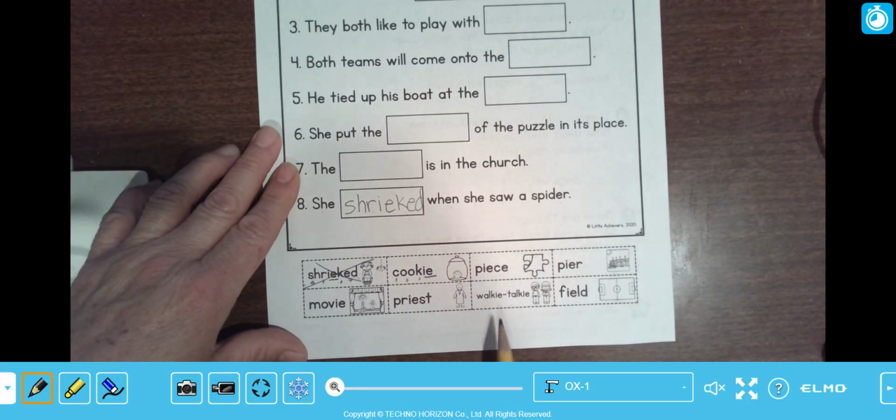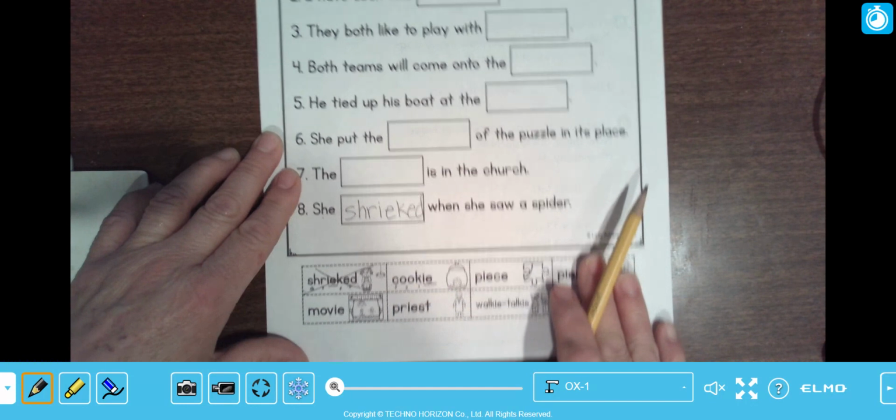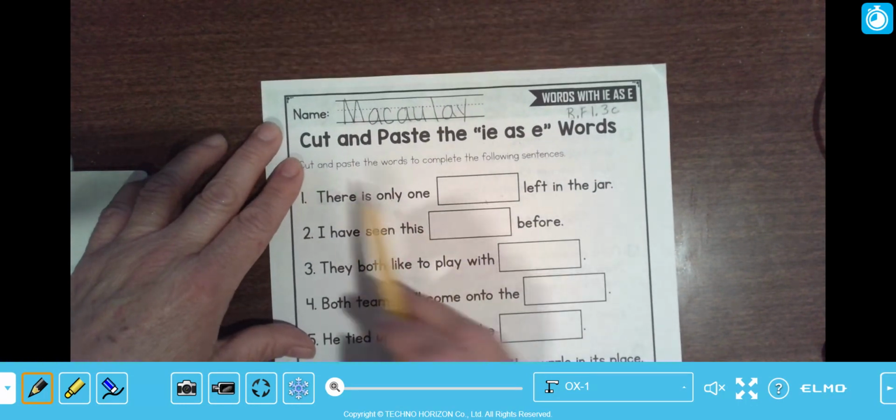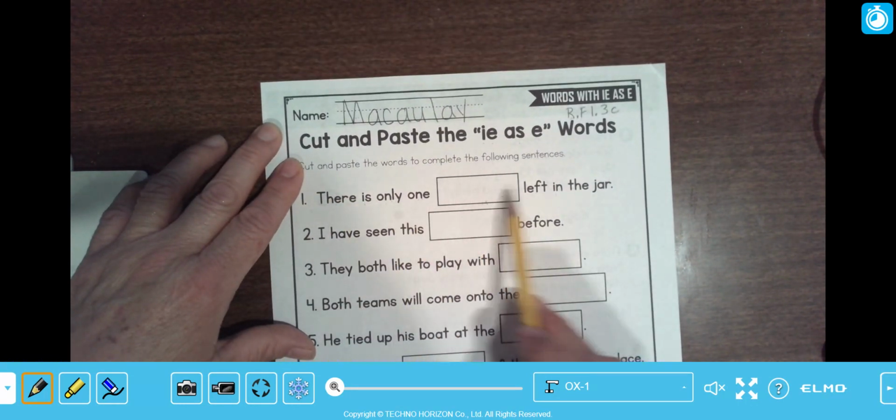Okay, let's read this word. Ready? Begin. K. K. E. Cookie. All right, so let's write cookie in here. There is only one cookie left in the jar right there.